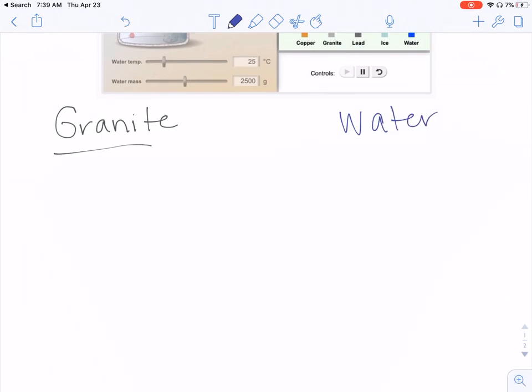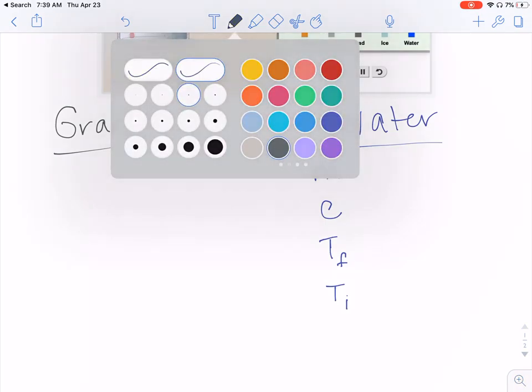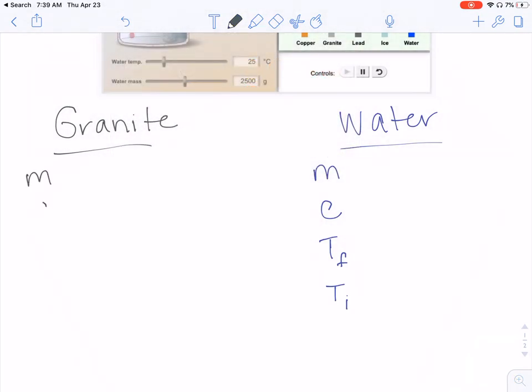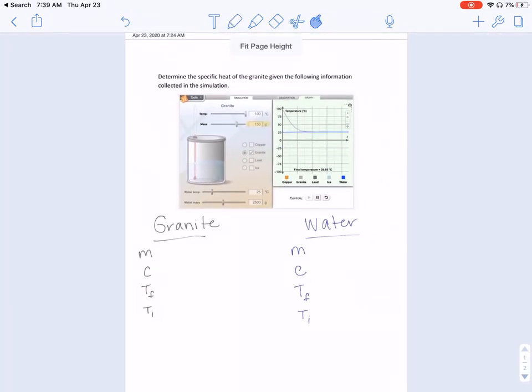For each one, I'm doing a heat transfer problem, so I'm going to need the variables m, c, T final, and T initial. Now I'll look in my simulation setup to see if I can find some of those numbers.